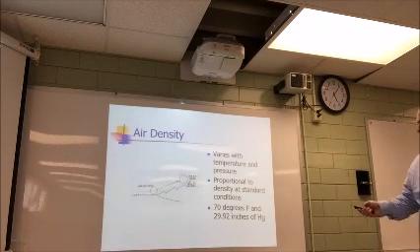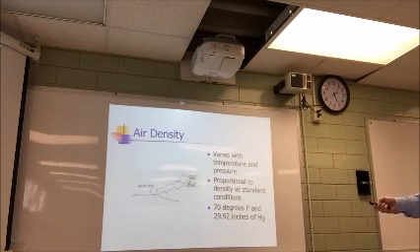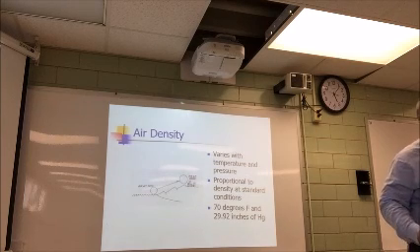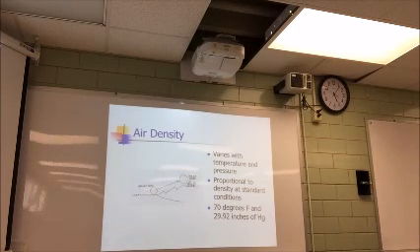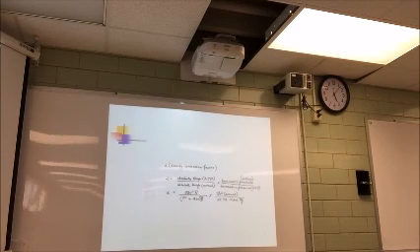The other thing too, remember air density varies with temperature and pressure. So at 70 degrees F, 29.92, we used to call it 29.9 inches of mercury, basically is standard temperature pressure, but it changes a little bit as it goes up.